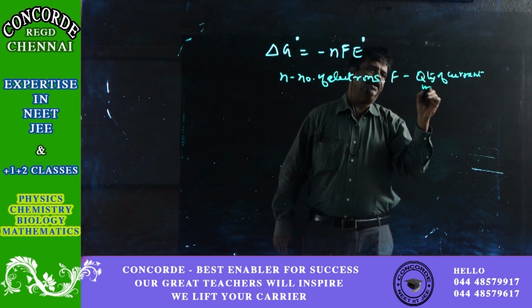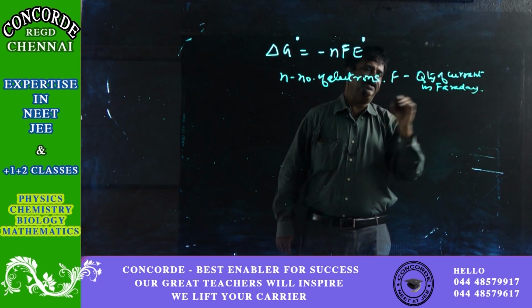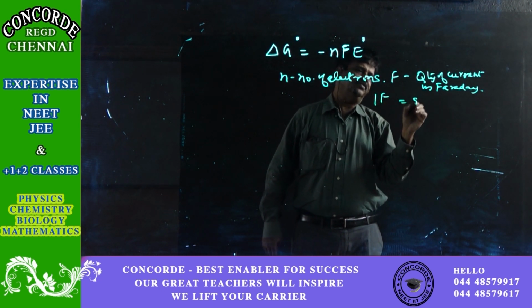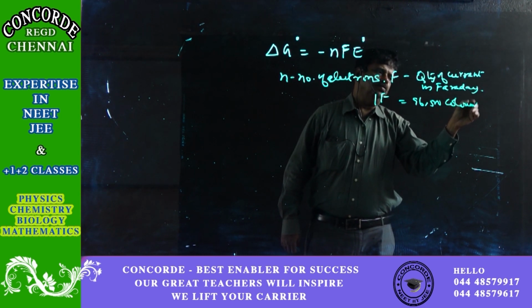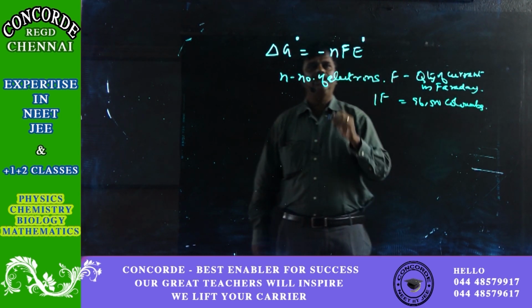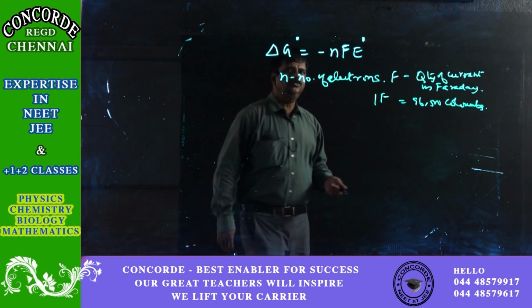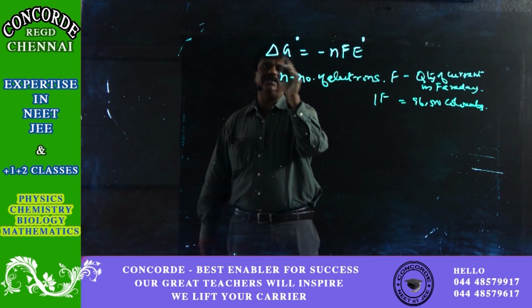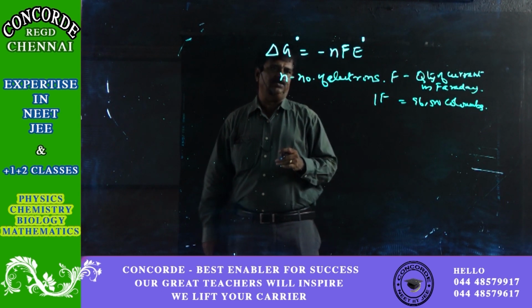What do you mean by Faraday? 1 Faraday is equal to 96,500 coulombs. Okay, and E naught is the standard electrode potential. So this is the change in Gibbs free energy. Delta G naught is equal to minus nF E naught.